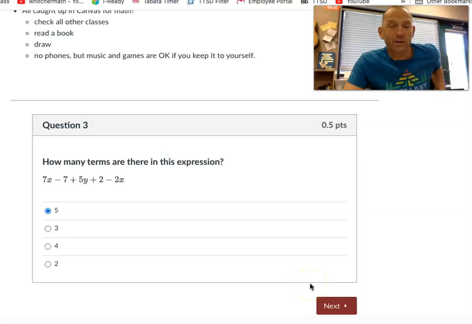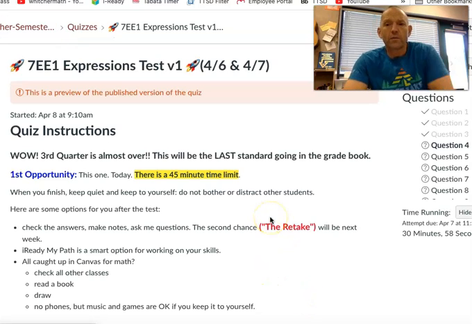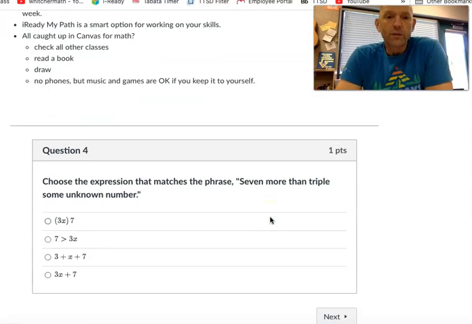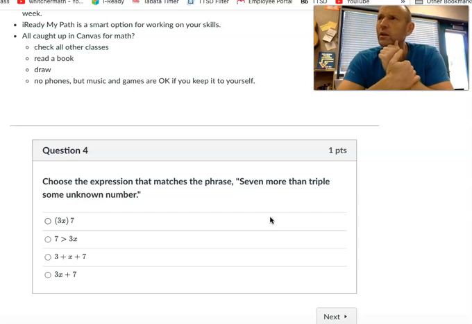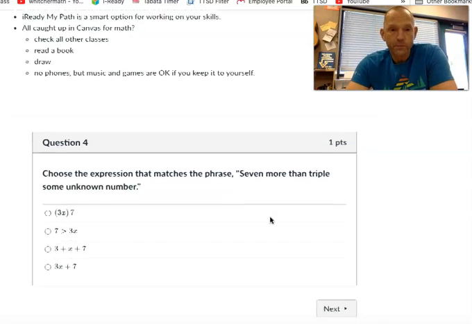Should I hit next? I think so. If you understand all the vocabulary, it's pretty easy to go slowly, talk it out in your head. All of us crazy, genius, mathy people, we talk in our heads all the time, so we get distracted. I know how you feel.